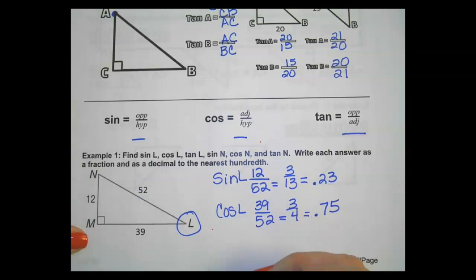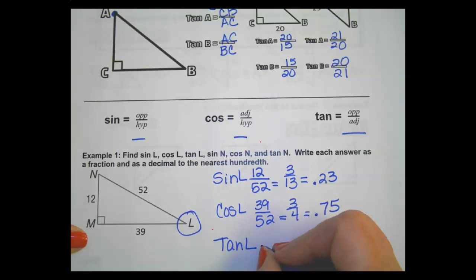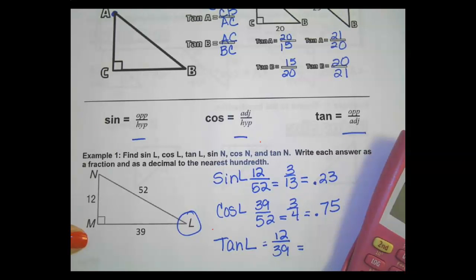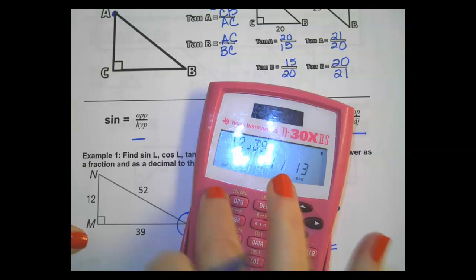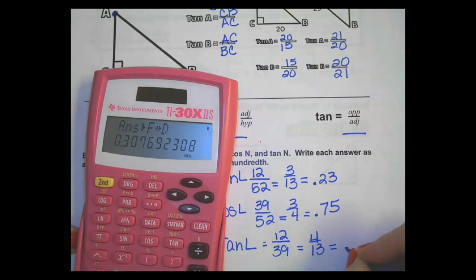Tangent of L is opposite, so 12 over adjacent, which was 39. That's four thirteenths. Change that to a decimal: 0.31.